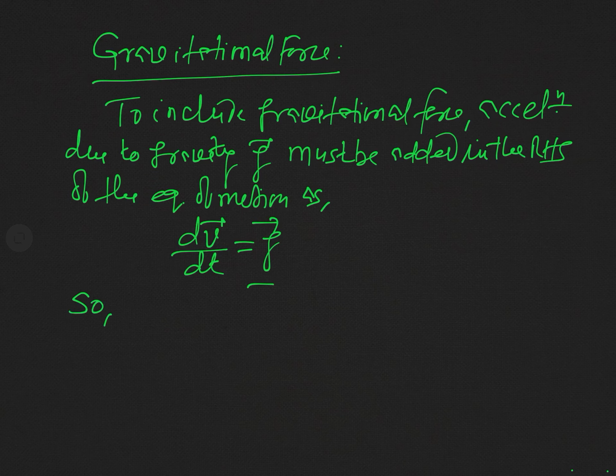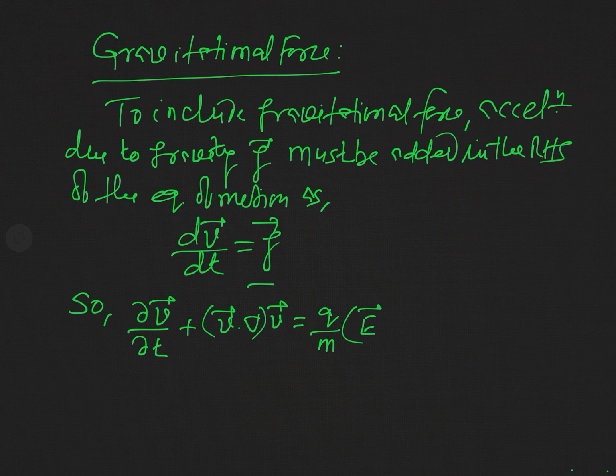So taking the gravitational force into account, we have del V by del t plus V dot del V equal to Q over M into E plus V cross B, minus nu c into V, plus g.